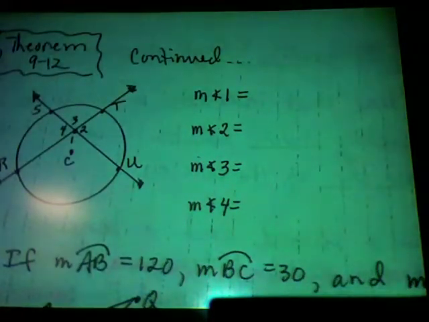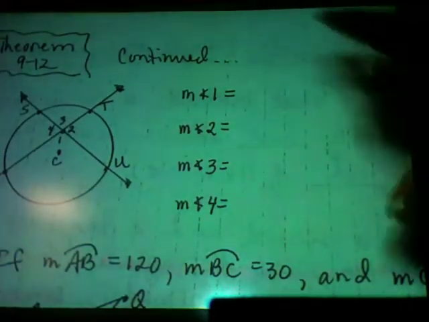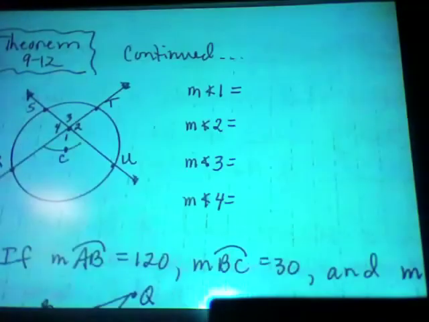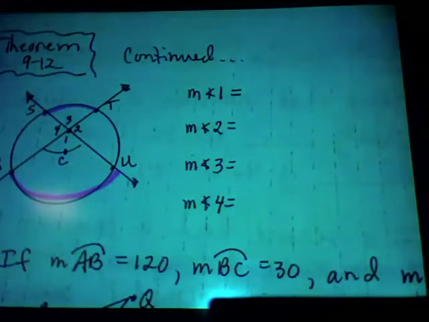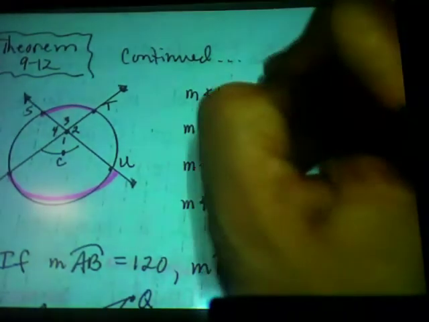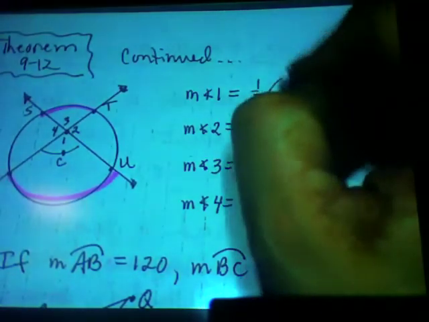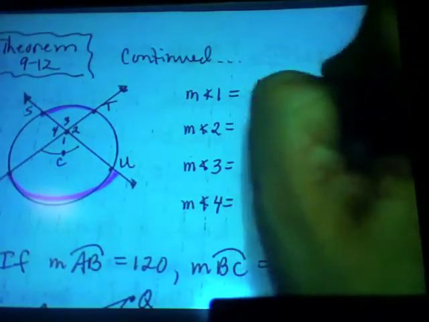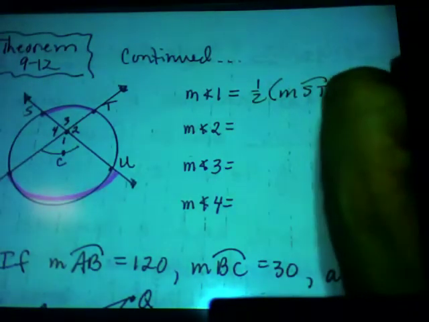So look at angle 1. So angle 1's intercepted arc. I looked at that and for whatever reason it didn't look the same. So what we've got is 1/2 the sum of the measure of arc ST plus the measure of arc RU.